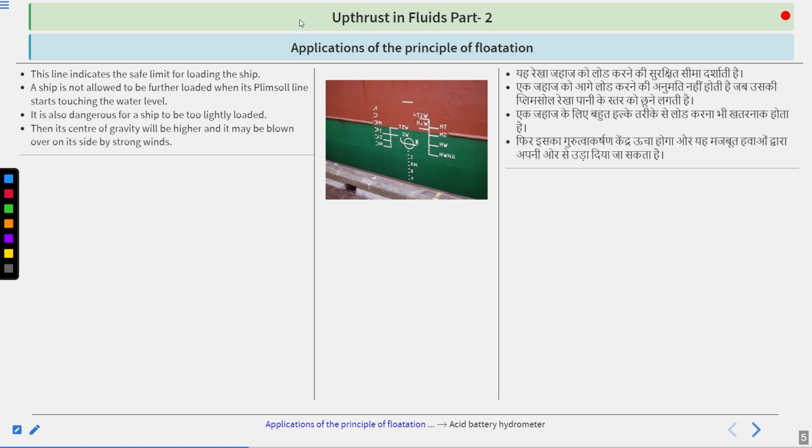If the ship is too lightly loaded, its center of gravity will be higher than the center of buoyancy, and it may be blown over on its side by strong winds.